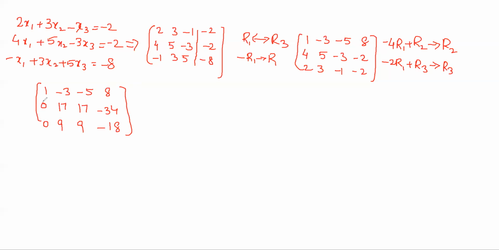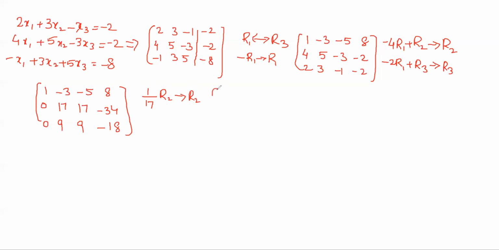Now what I want to do is make this 17 as 1. So I can multiply row 2 by 1 by 17, and that will be the new row 2.